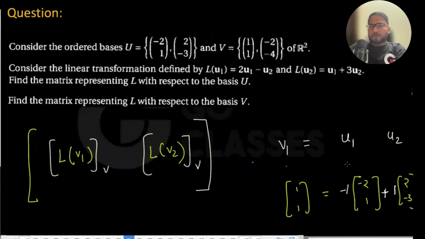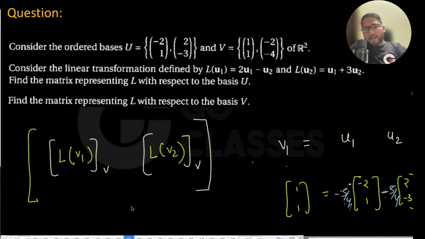Okay. Either you do it manually or you just find the inverse or anything. So it will be -5/4 and -3/4. You guys can do this if you want to. So now we have V1 in terms of U1 and U2.